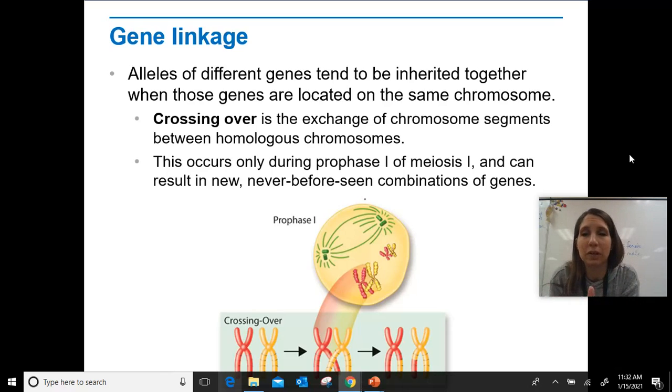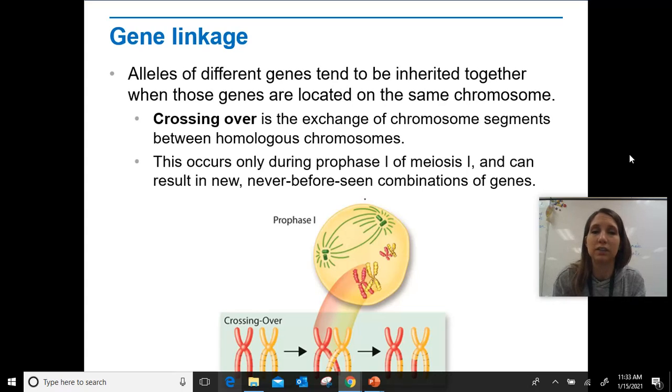And so when we talk about this, we use the term alleles, which represent different types of varieties of a specific gene. So we could say blue eye color and brown eye color. Those are alleles of the eye color gene. So crossing over, that exchange of genetic information, is certainly likely, and it generally happens with every single division in meiosis, with every round of production of these gametes, these sperm and egg.